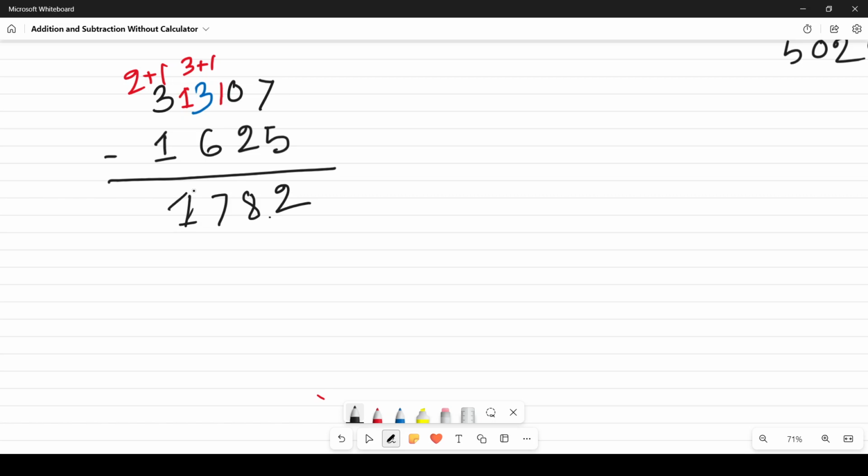So how did it happen? Okay, so we did all this hiring thing, borrowing thing from the other number because what we actually did is split these numbers into their place values. So the main number was 3407.